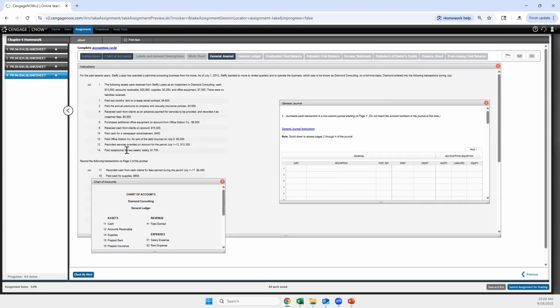So this one will be on the first page, July 1. And then description. Okay, so we're receiving each of these assets: cash, accounts receivable, supplies, and office equipment, no liabilities received.